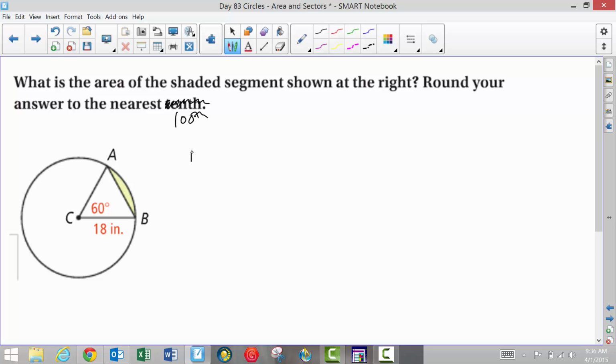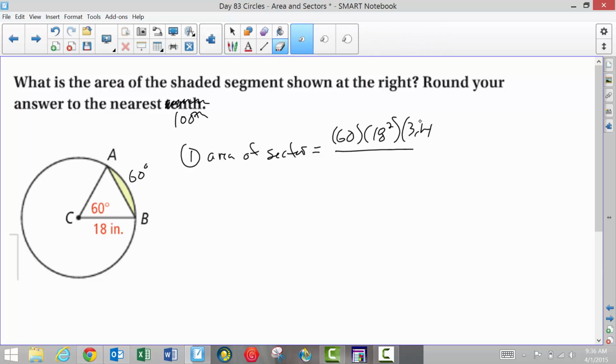So first thing, you need your area of a sector. So area of sector equals arc measure. Well, the arc measure is the same as my central angle. Since central angle is 60, AB arc measure is also 60. So it's 60 times my radius squared times 3.14.